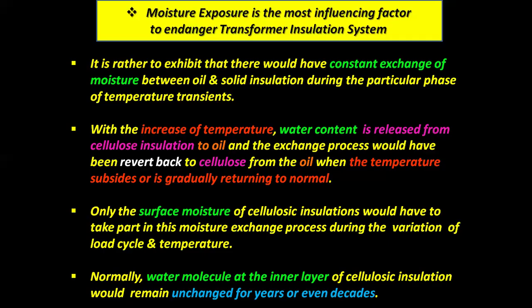Only the surface moisture of cellulosic insulation takes part in this moisture exchange process during the variation of load cycle and temperature. Normally, water molecules at the inner layer of cellulosic insulation would remain unchanged for years together or even decades.